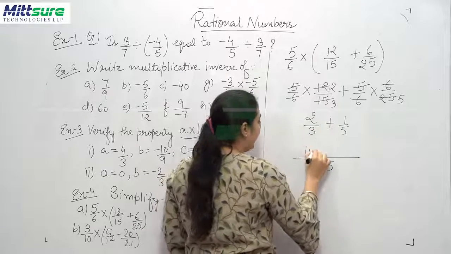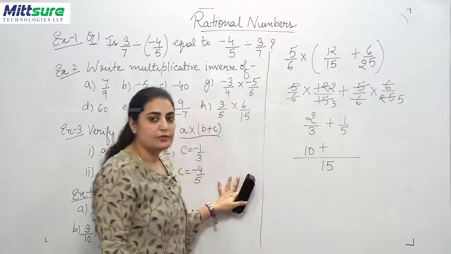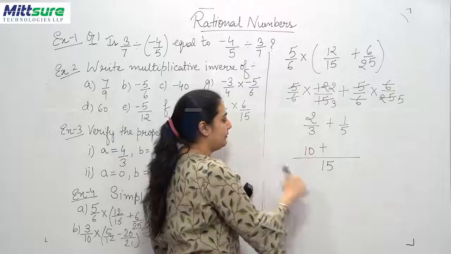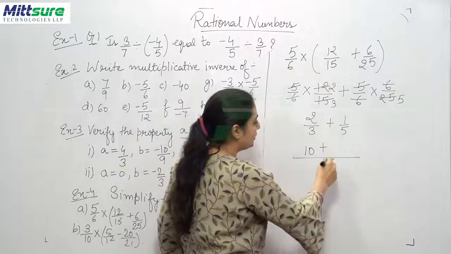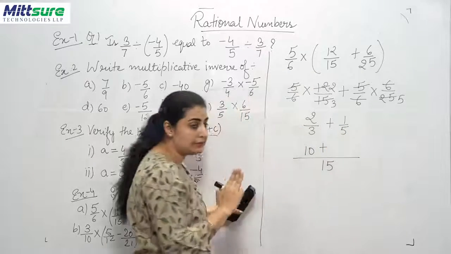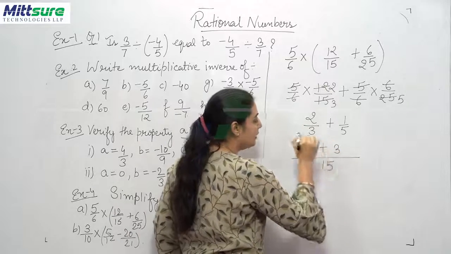Here 5 2s are 10, because when 15 is divided by 3, it goes 5 times, and when we multiply 5 by 2, we get 10. Now in the next condition, when I am dividing 15 by 5, it will go 3 times, and when I multiply 3 with 1, I will get 3.